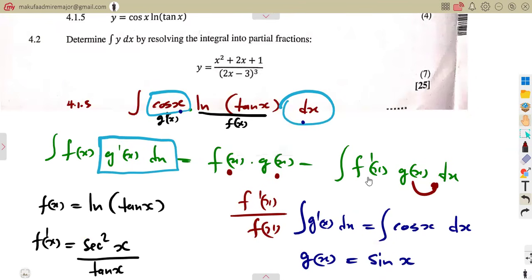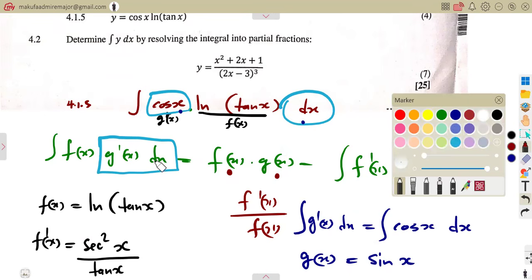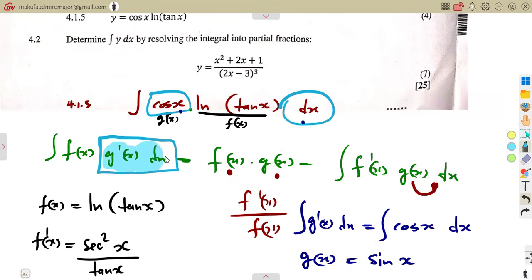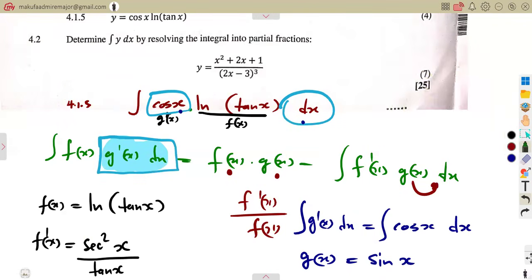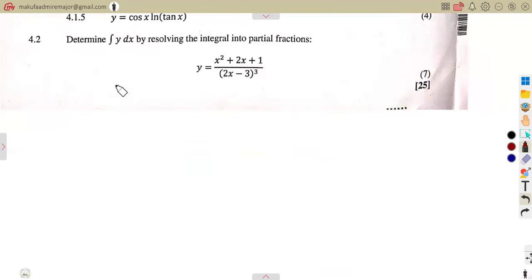Am I going to determine its derivative? The one that I'm saying is the g prime, am I able to determine its integral? So in most cases, you choose your f of x. Later on, you see that no, this g prime x, I can't determine the integral. You start again. Choose wisely so that you do not waste time in exam.